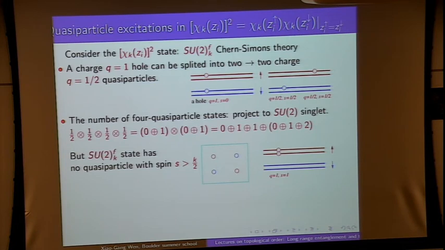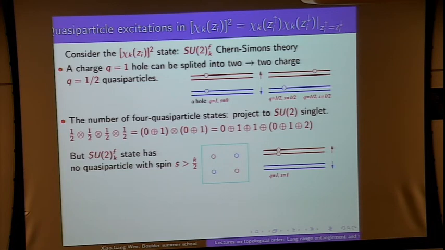How do we see that? One way to see this is to consider the situation where we have two pairs. Here I only described one pair, this blue one and the red one. I have another pair of a red one and a blue one. So I have 4 such fractionalized particles here.